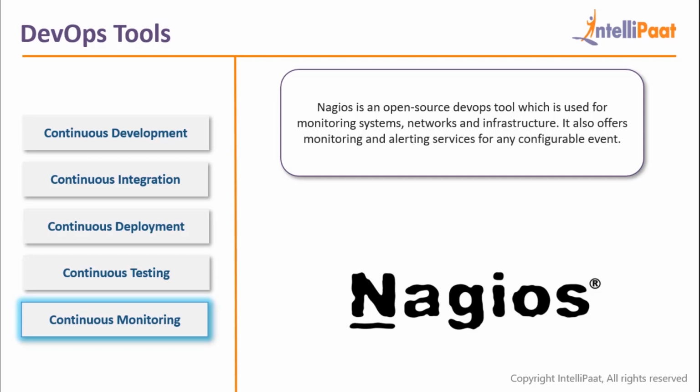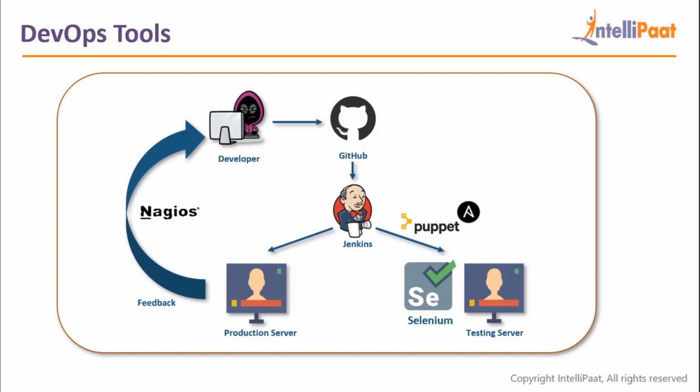And this brings us to all the tools. These were all the tools that we will be discussing throughout the course, right? And this brings us to the DevOps tools lifecycle. You saw the DevOps lifecycle earlier, wherein you had a developer pushing code onto a version control system. This is a replica of that figure, and in this figure we have just replaced the stages with the tools. Now the developer pushes his code to GitHub.